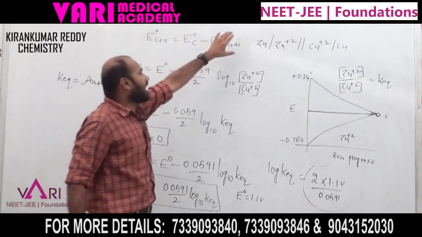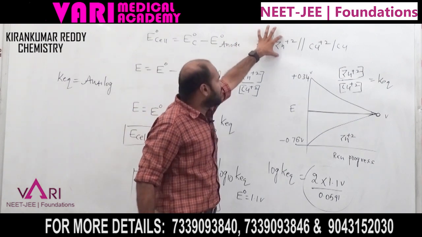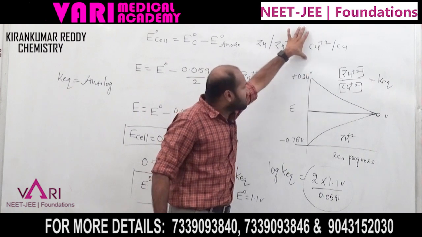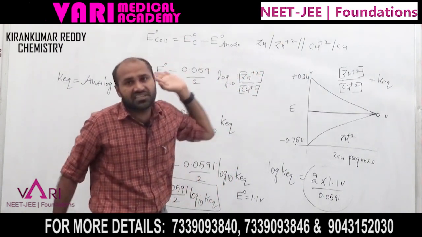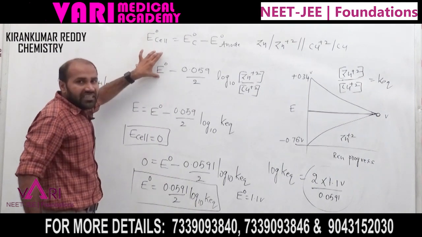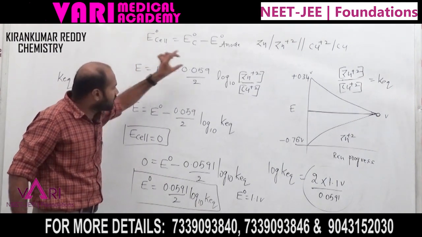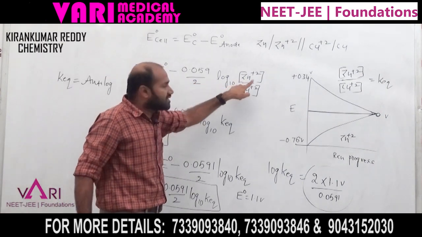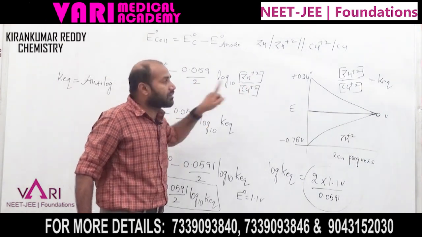Now I am taking the galvanic cell Zn, Zn plus 2, separated by salt bridge, copper plus 2, copper. This cell we write by using the Nernst equation. What is the Nernst equation, students? E cell is equal to E naught cell minus 0.0591 by 2 log to the base 10 Zn plus 2 concentration by copper plus 2.